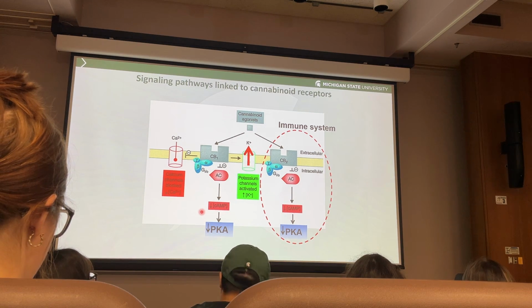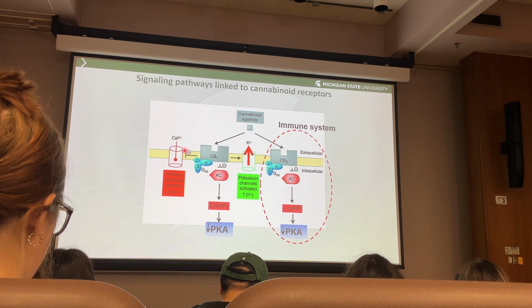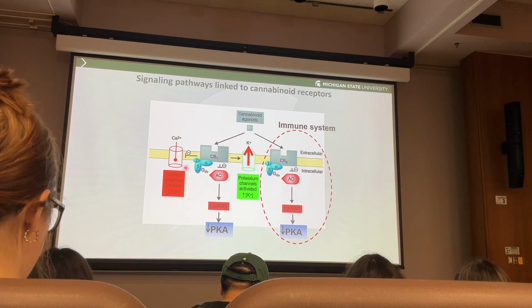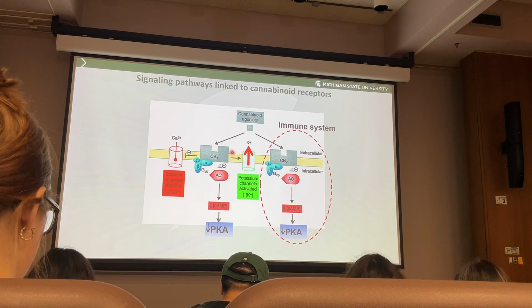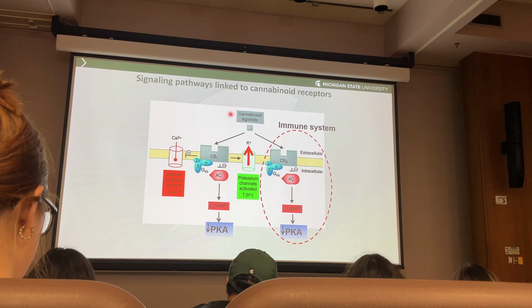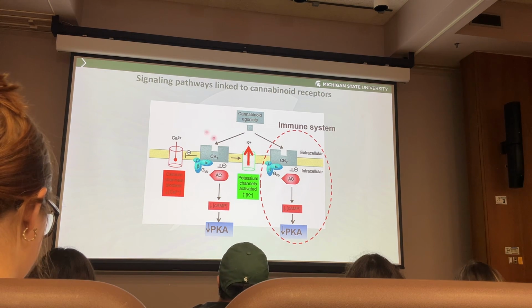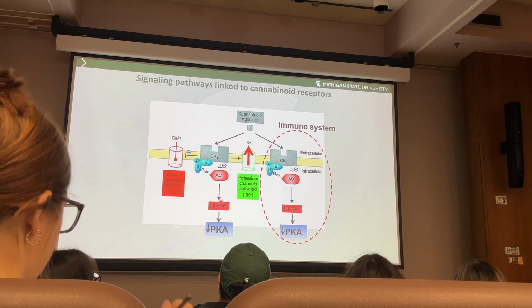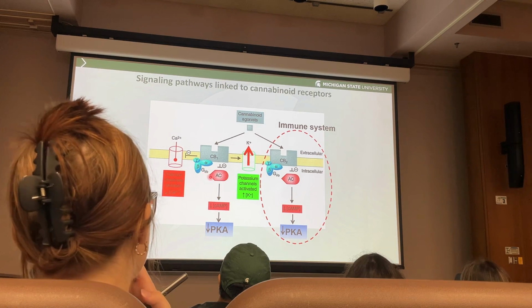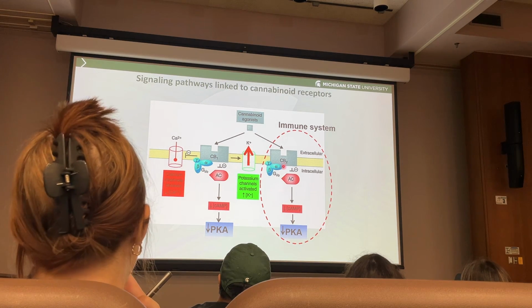I'll talk about why that's important in just a moment, but the other things we said were that calcium channels are blocked by activation of CB1. Potassium channels are activated by binding of a cannabinoid agonist to CB1, okay? So these three different outcomes happen when you have agonist binding to CB1.